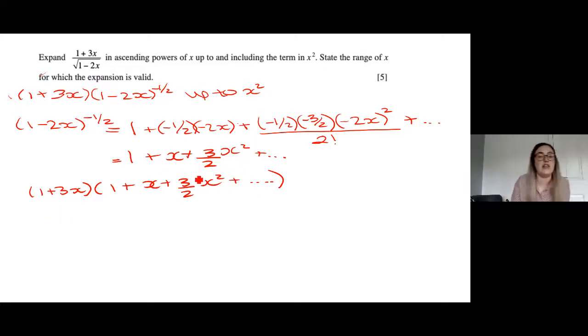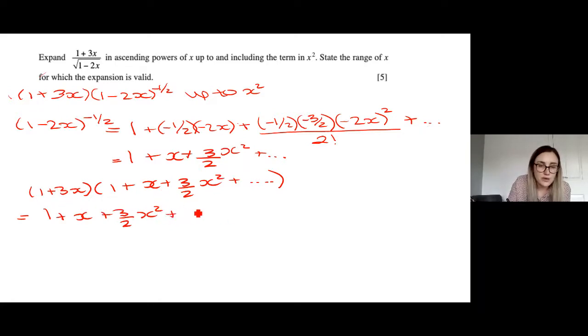But I don't need to concern myself because I've already got my x squared here. Okay, so if I multiply those 3 all by 1 first, I get 1 plus x plus 3 over 2 x squared. And now I'm going to times everything in this expansion by the plus 3x.